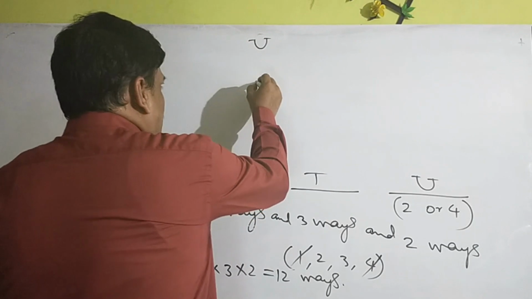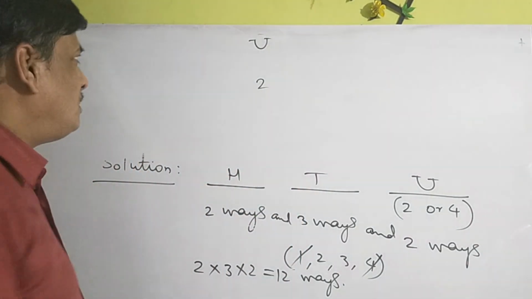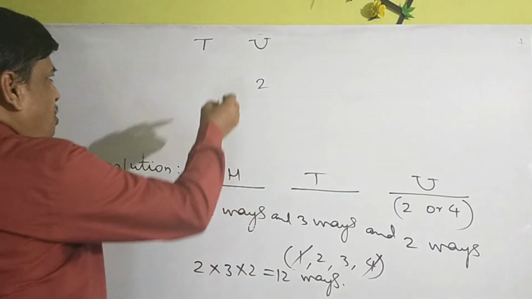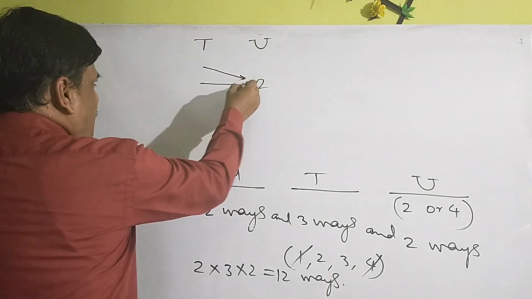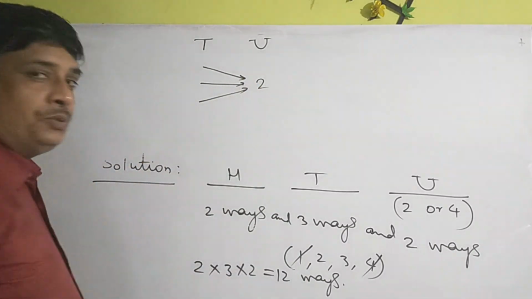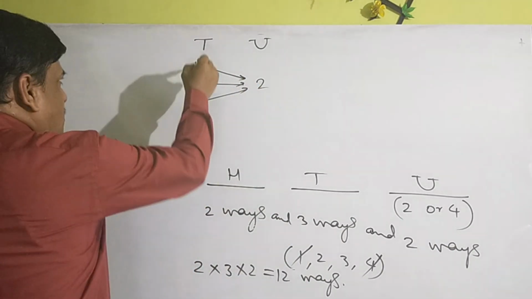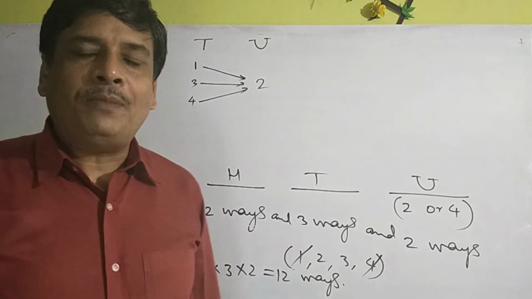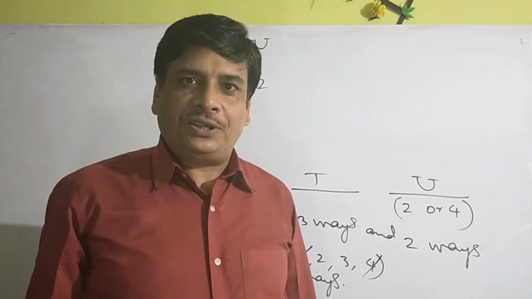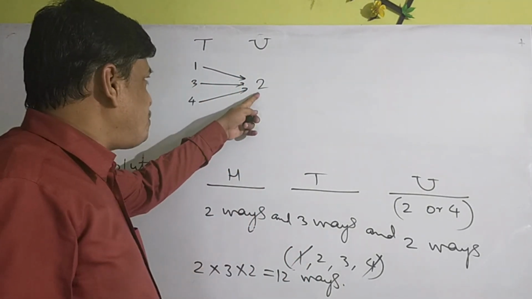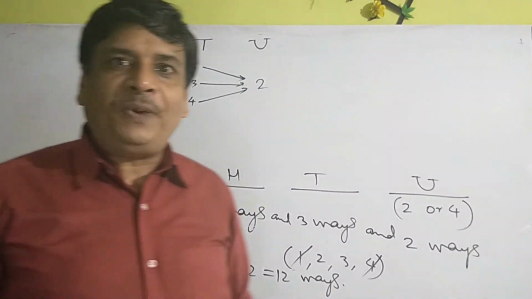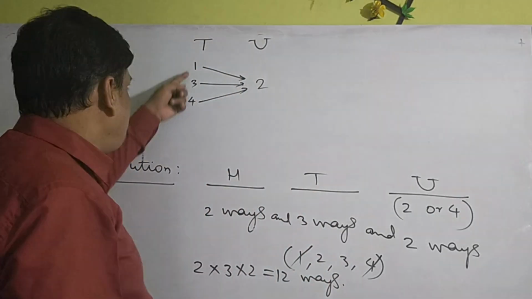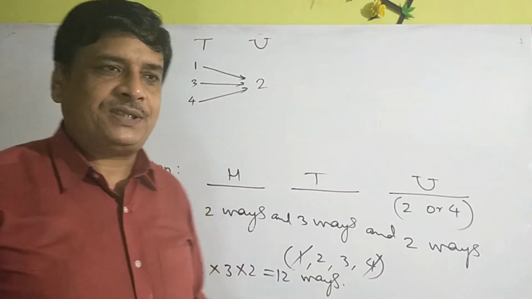Suppose we have taken unit place digit 2. Then what are the options for tens place? There are 3 options. For tens place, we can take 1 or 3 or 4. The question is that the number must be of different digits. So when we take unit place 2, at tens place we will not repeat the same digit. That's why only these 3 are the options for tens place.